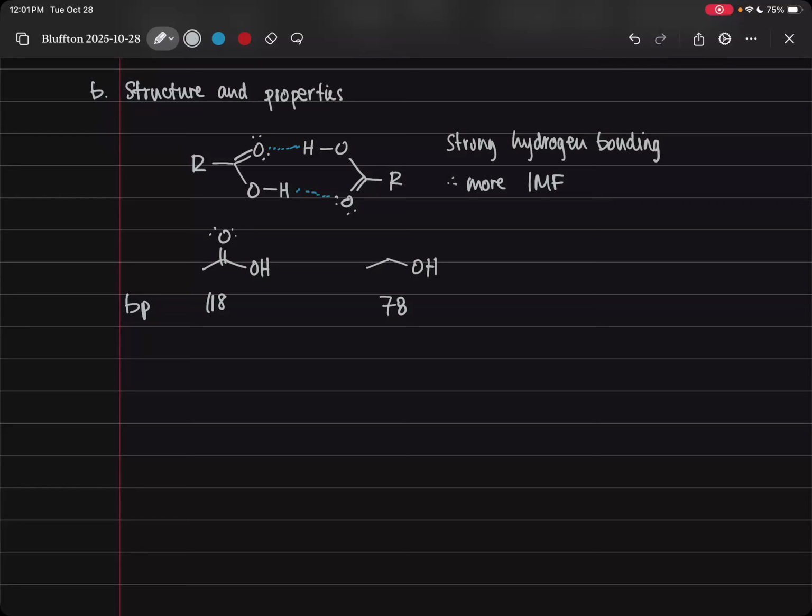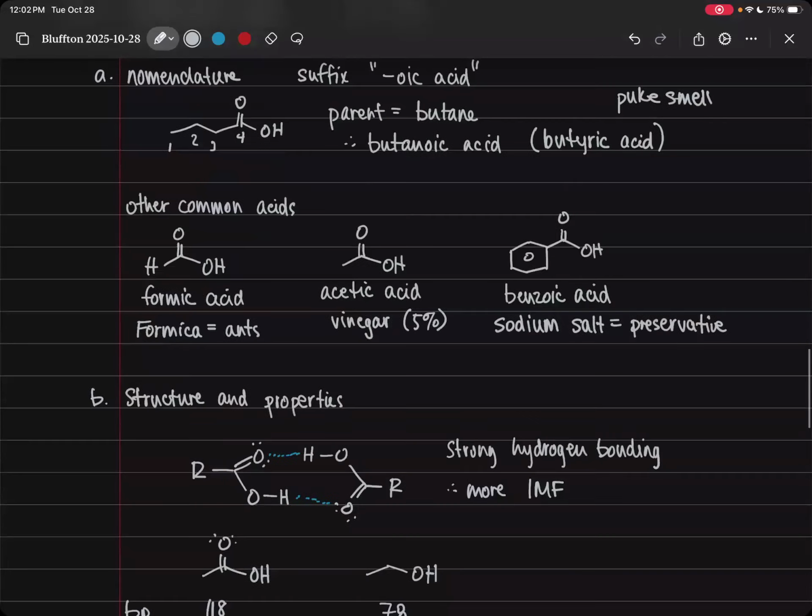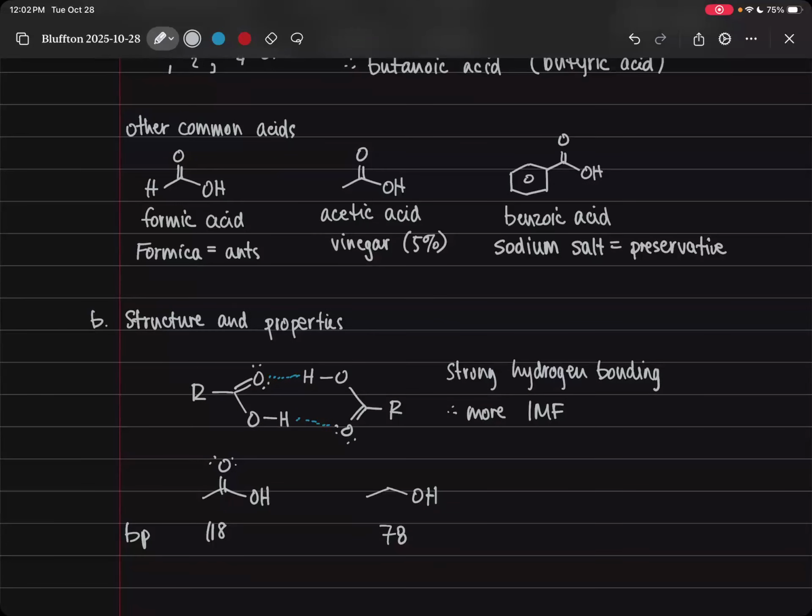This is just trivia, but I want to show you that the hydrogen bonding here is really important. For example, this is what makes carboxylic acids more often than other compounds soluble in water. So formic acid is soluble in water. Acetic acid is, well, it's vinegar, so it better be soluble in water.